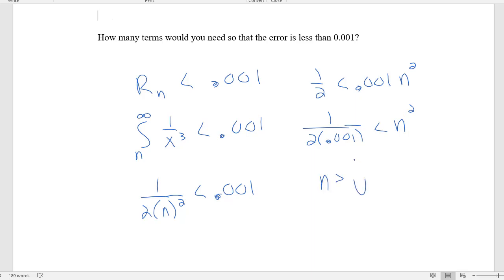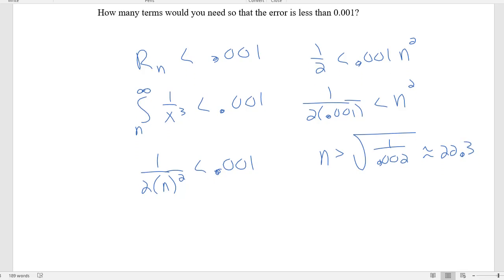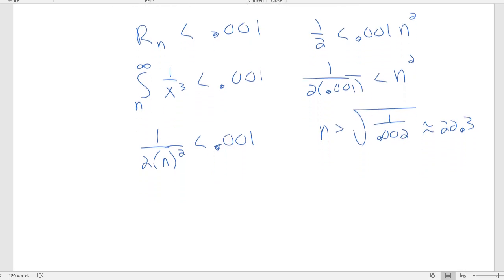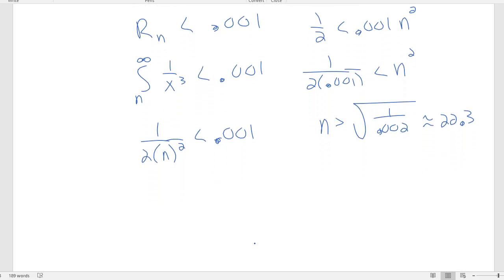So n has to be greater than the square root of 1 over 0.002, and that is about 22.3. So this says we need more than 22 terms. I can't really take 0.3 of a term, right? So we need at least 23 terms.